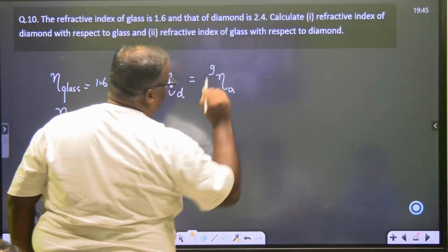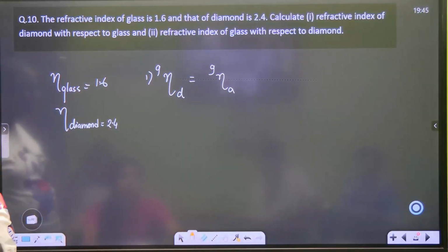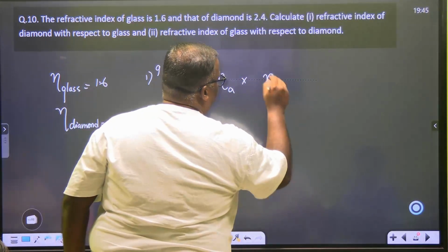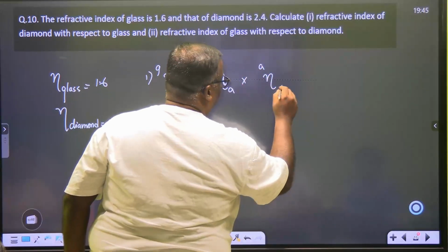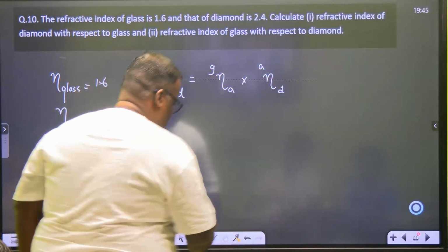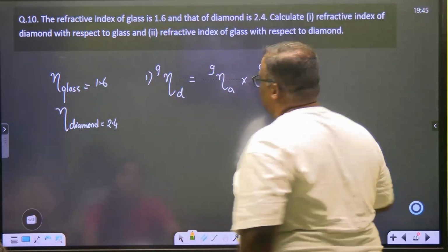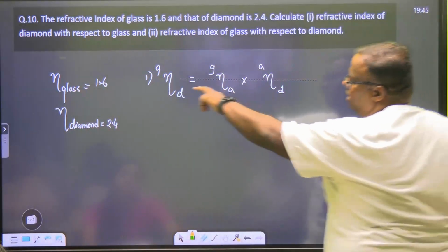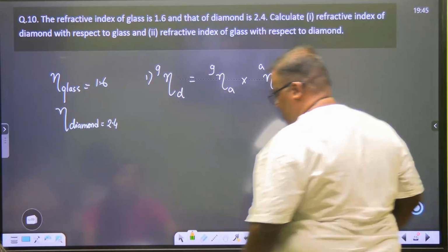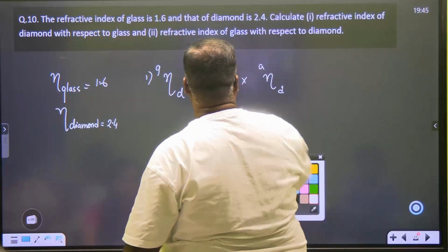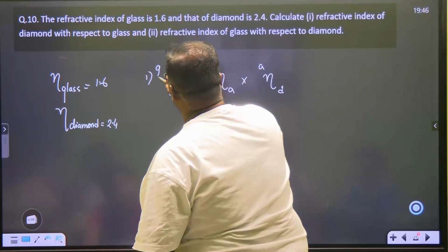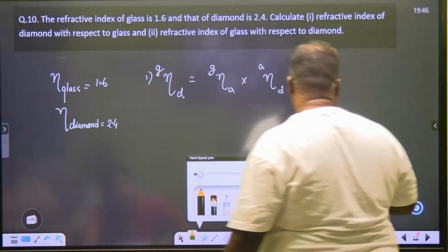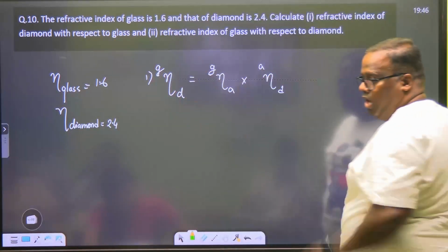I can put air at the bottom, right? And then I need to abolish air. So I'm putting air and I'm putting diamond out here. Okay, children, have you understood this? Forget what you are given. You need to find out diamond with respect to glass. Children, this is G. My handwriting is very bad. This is G. Right? I need to find out diamond with respect to glass.